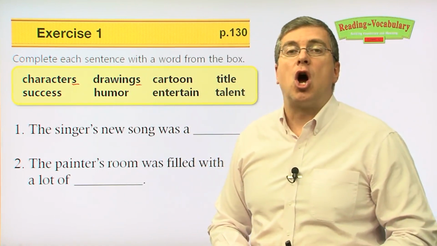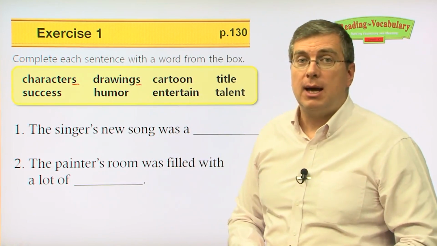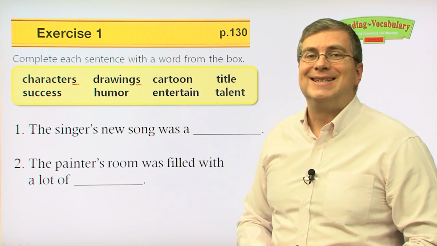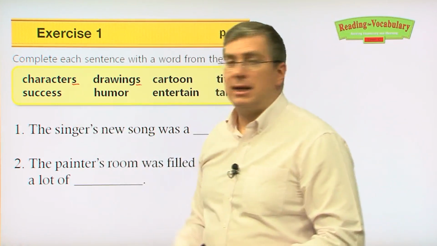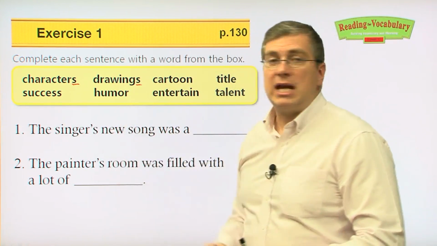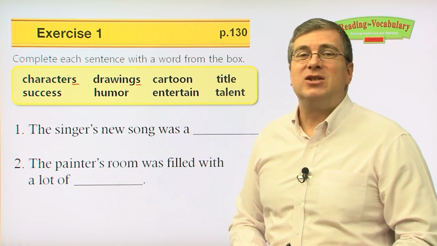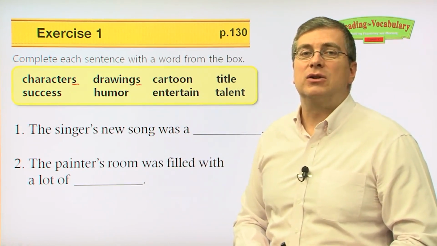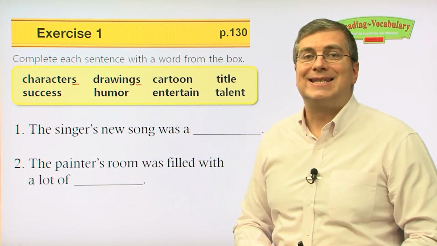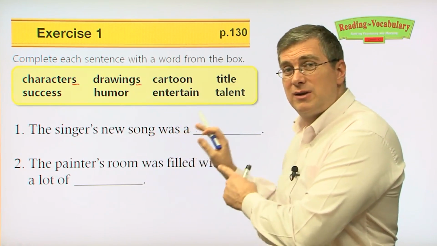Drawings. Next one, cartoon. The next one, title. Next one, success. Next one, humor. The next one, entertain. And the next one, talent. These are the words. Let's see how they fit into the sentences.